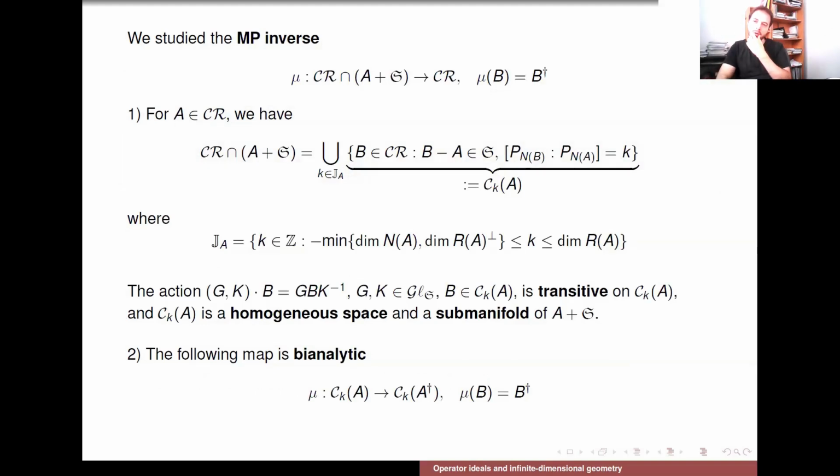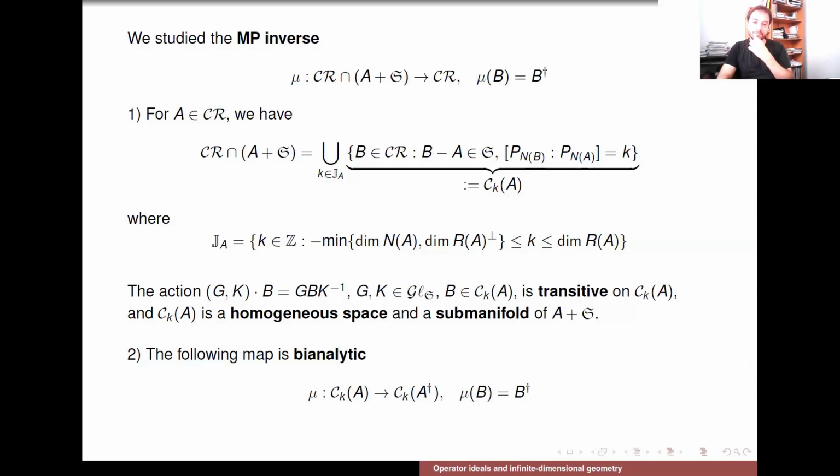So what we did in the second lecture to study the Moore-Penrose inverse is, in our set of perturbations here, the operator A is fixed. We decompose that set using the second property of the index from the previous slide.